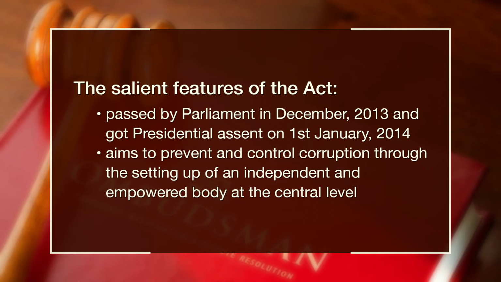It aims to prevent and control corruption through the setting up of an independent and empowered body at the central level, called the Lokpal, that would receive complaints related to corruption against most categories of public servants and ensure that these are properly investigated and where warranted effectively prosecuted. All this is envisaged in a time-bound manner with the help of special courts set up for the purpose.